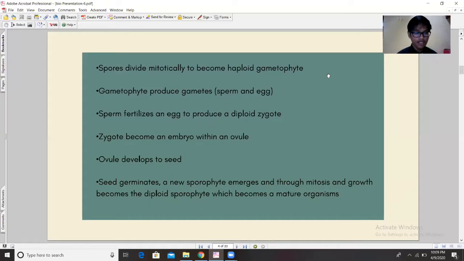At maturity, a pollen grain containing non-flagellated sperm will travel by way of the pollen tube to the embryo sac. When this sperm fertilizes an egg, it will produce a diploid zygote. The zygote becomes an embryo, but it is still within an ovule.